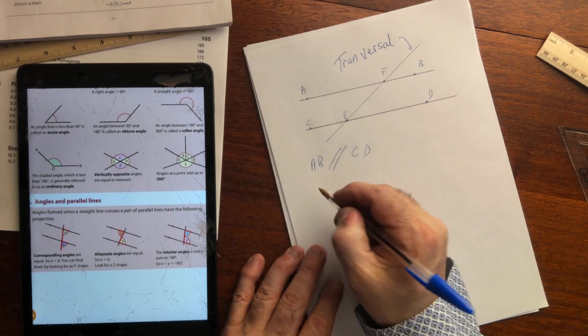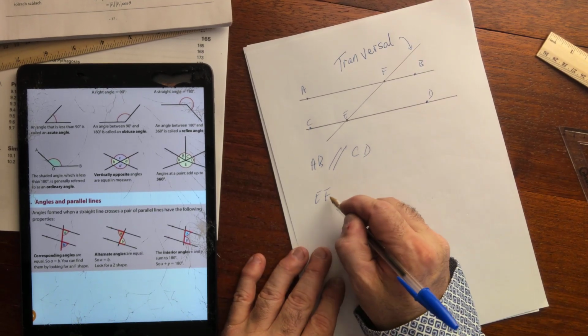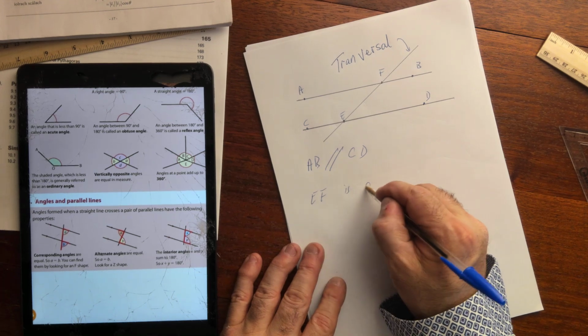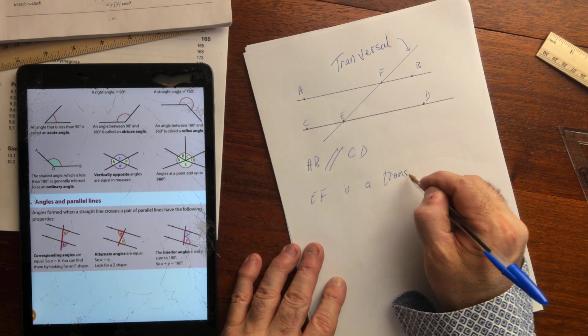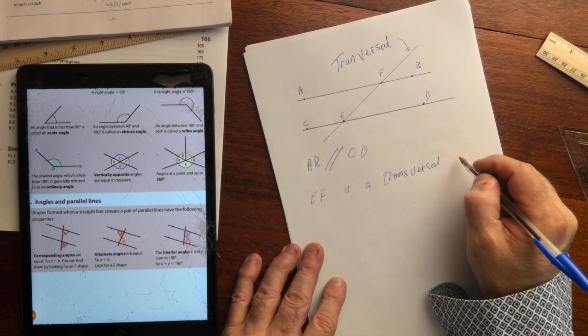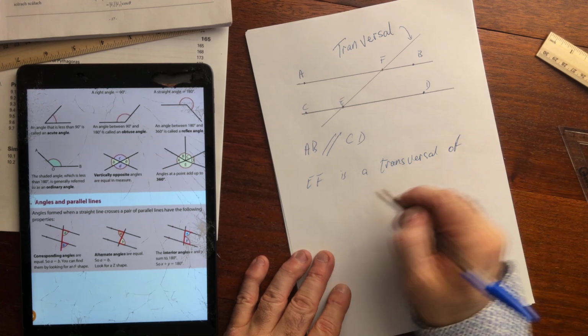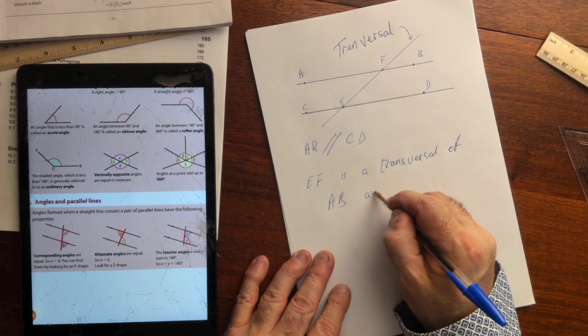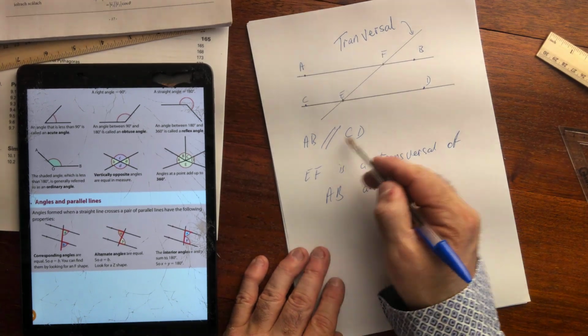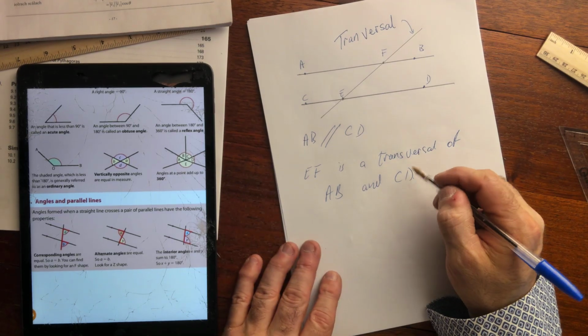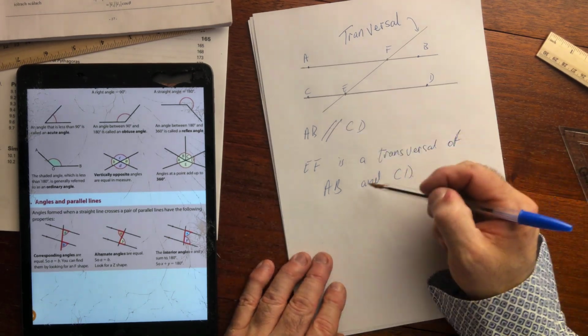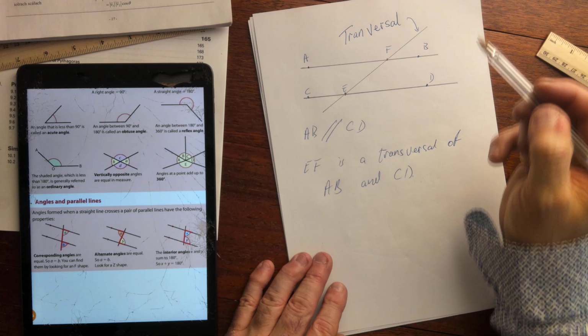We can say that the line EF is a transversal of AB and CD. They wouldn't even have to be parallel for that, but more about that when we do theorems. But it's a transversal, it traverses across them.